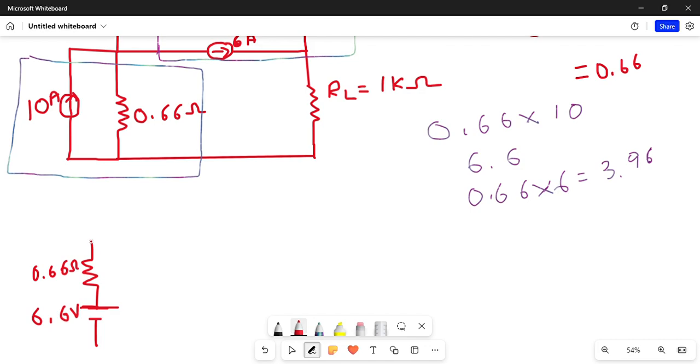And if you consider the other one, you get once again 3.96 volt in series with 0.66 ohm. And this 1 kilo ohm is the same.